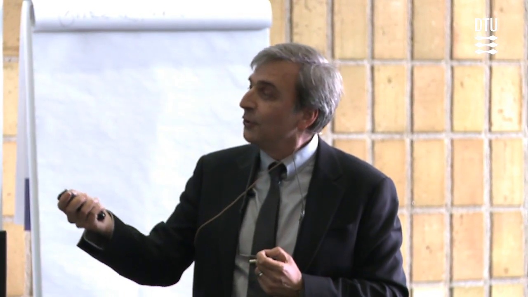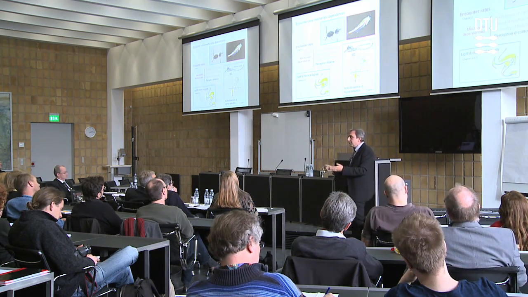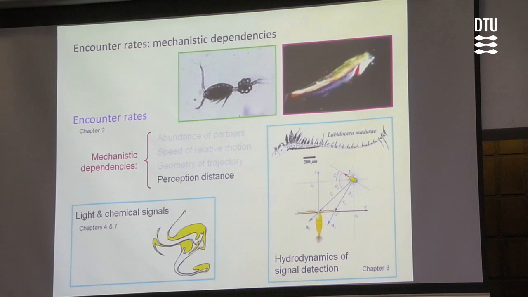So hydrodynamics, but there's also light and chemicals, of course. Chemicals are another important cue for how organisms interact with each other, either finding prey or finding mates, in particular finding mates. So there you have it.